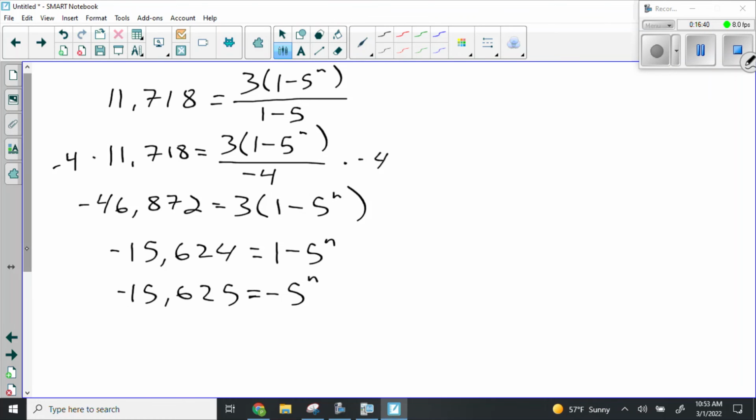I very much dislike the negative sign sitting out front, so I'm going to divide both sides by negative 1. Just changing the sign of everything, I'm going to change everything to positive. And now I'm going to take log base 5 of both sides.